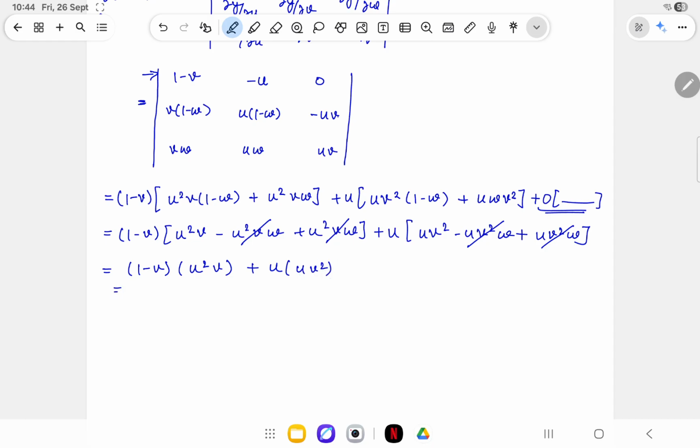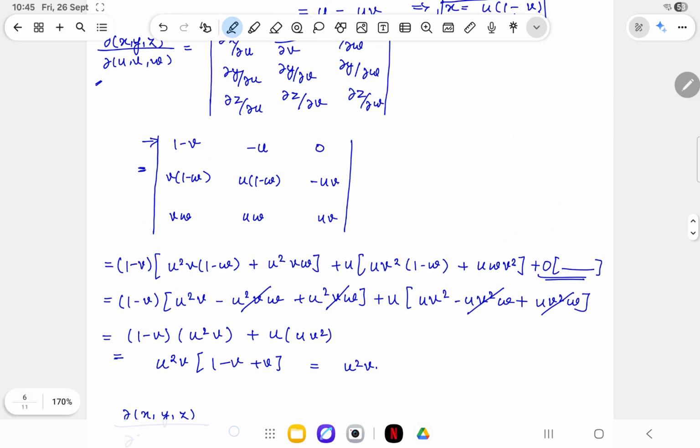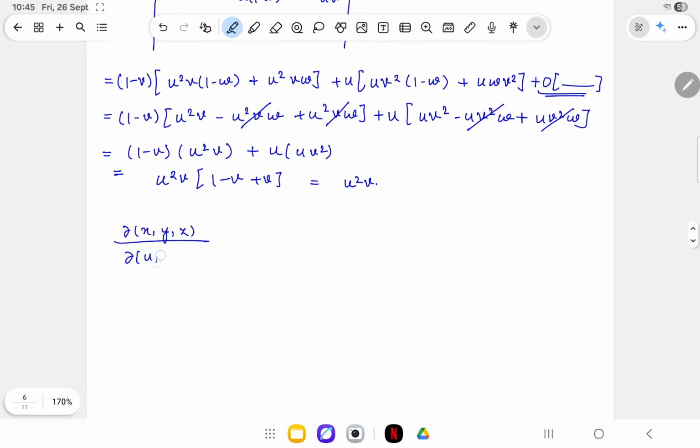If you see that, we can pull out u square v from both the terms. So if I do so, I'll be left with 1 minus v plus v, that is basically equal to u square v only. And we can also reduce in terms of x. So we got del x, del y, del z divided by del of uvw as u square v.